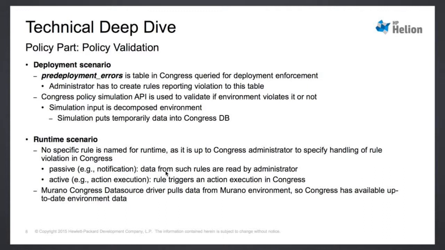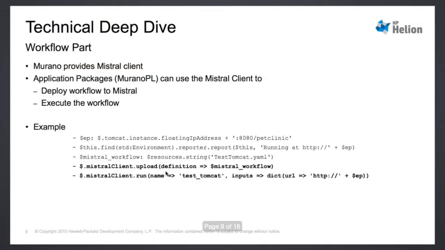Here we are using the simulation API, and in the runtime scenario, we are using the full capability of Congress, so action execution rules and so on, and access to all data gathered from OpenStack. The workflow part is very simple right now. This is the part taken from the implementation of the component. We are able to use the Mistral client in Murano PL to upload a workflow and run it.